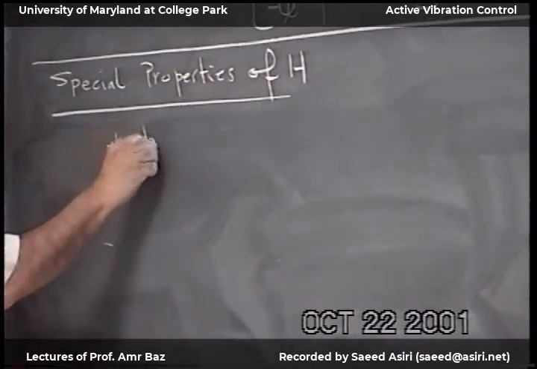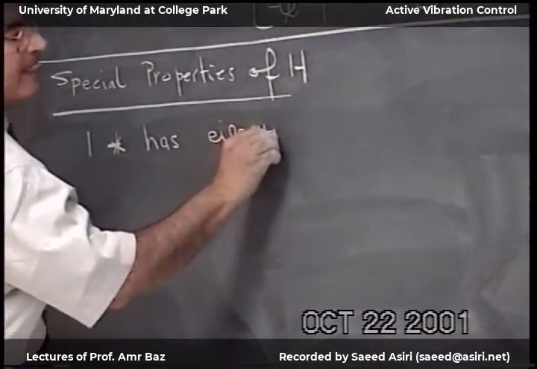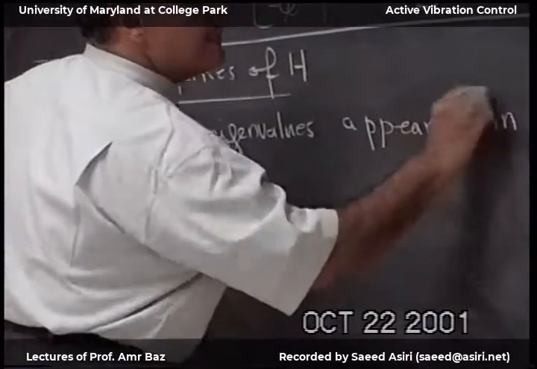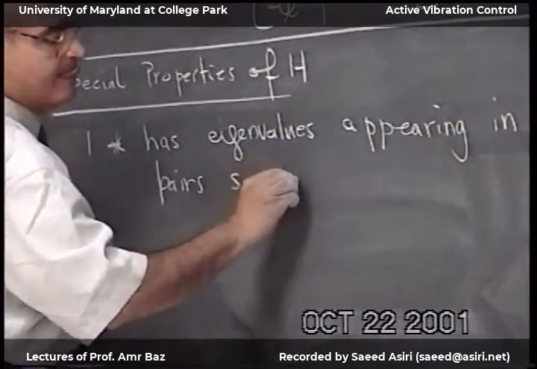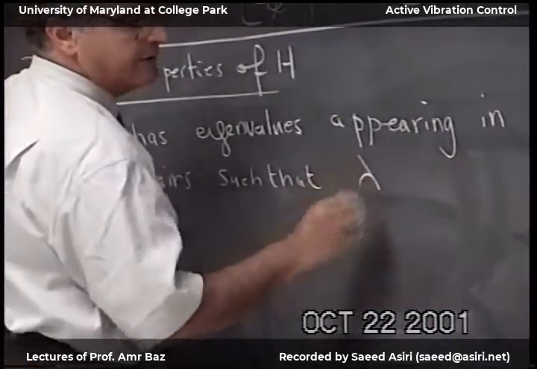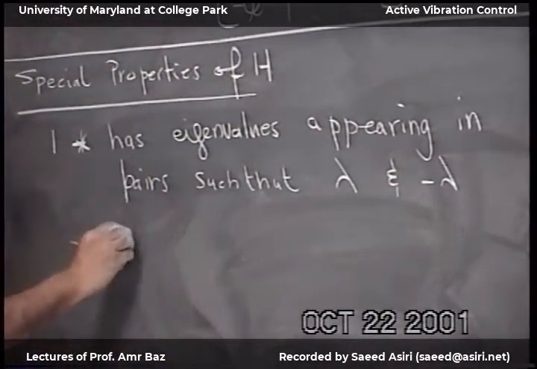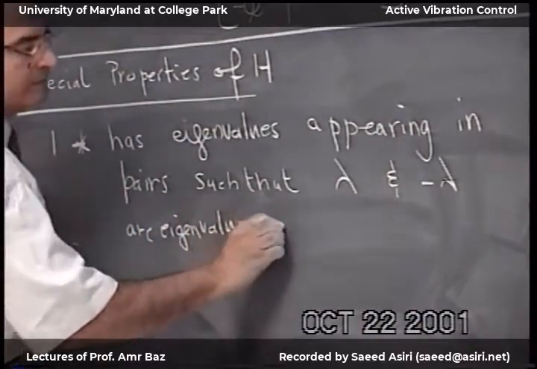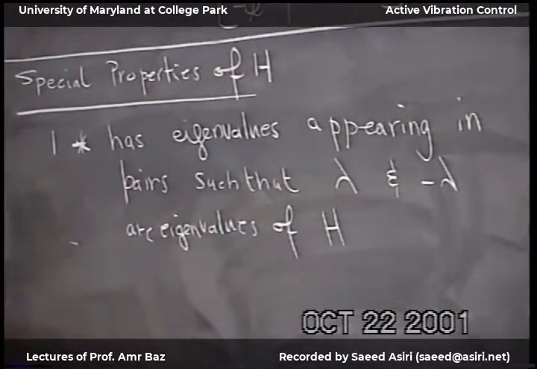Number one, it has eigenvalues appearing in pairs such that lambda and minus lambda are eigenvalues of H. And we will see that this lambda is also the eigenvalues of the closed loop of the system.